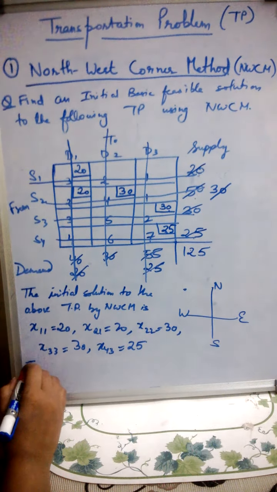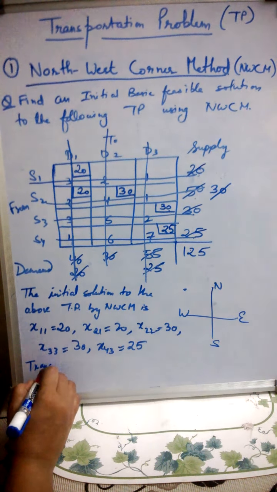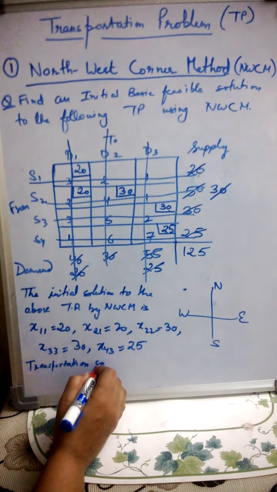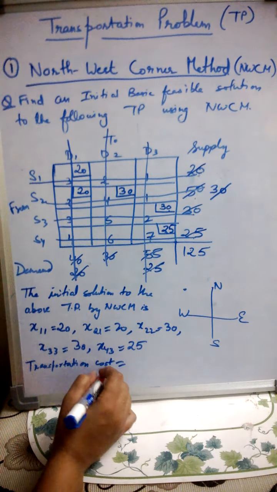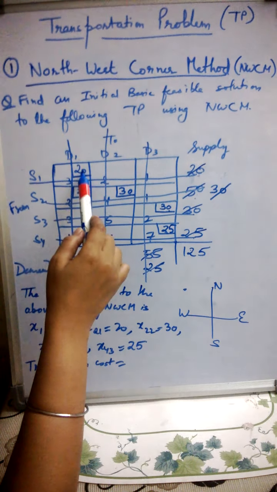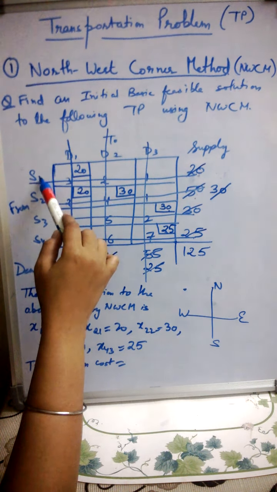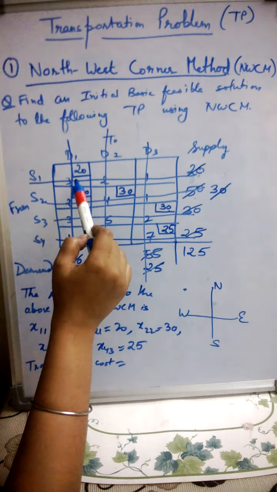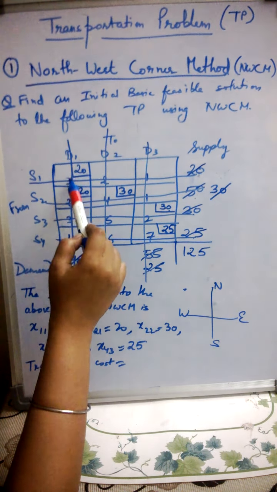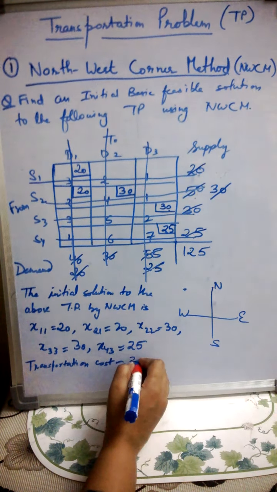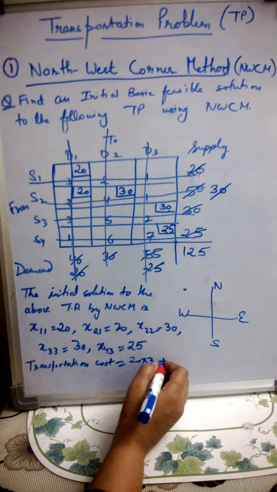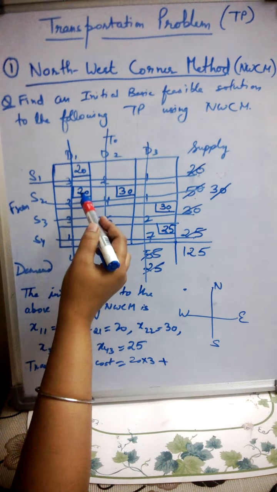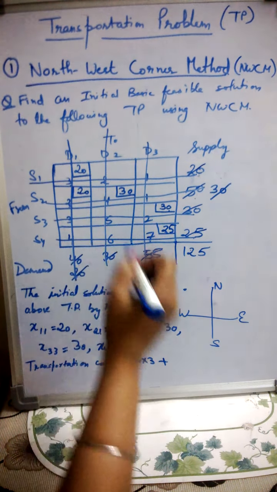Also we have to write down the corresponding transportation cost. How will we find out the transportation cost here? See, 20 units have been transported from 1 to 1 and 3 rupees is the cost of transporting 1 unit. So the cost of transporting 20 units is 20 into 3, plus from 2 to 1, 20 units have been transported and the per unit cost is 2 rupees.